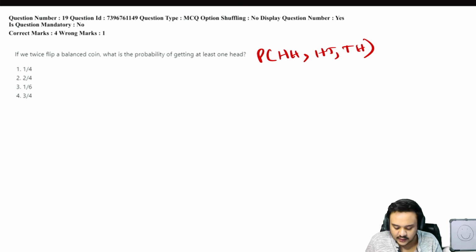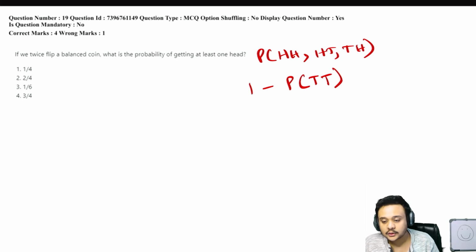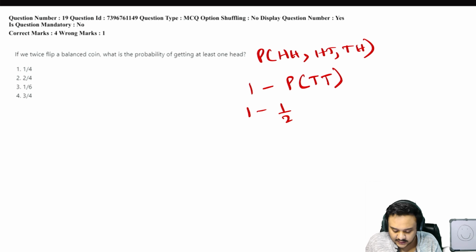Or you can take the total probability, that is 1, and subtract the probability that you do not get any head at all, so you get only tails on both attempts. What is the probability of that? The probability of tails on the first flip is 1 by 2, on the second flip it is also 1 by 2. So 1 minus 1 by 4, which is 3 by 4, is your answer.